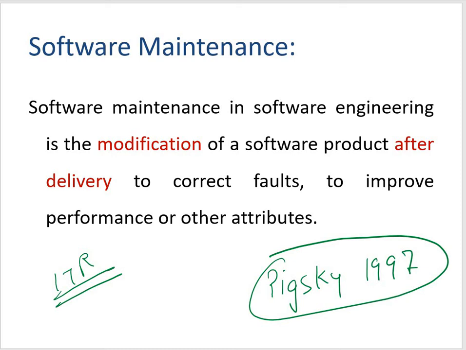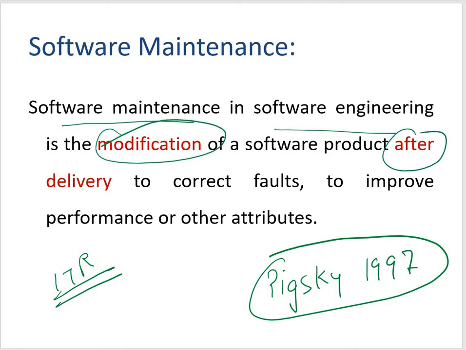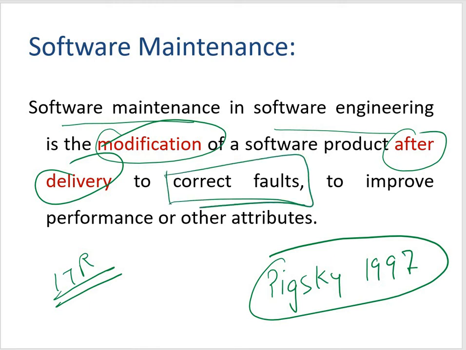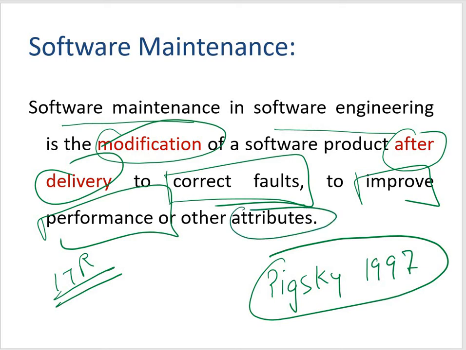So your software maintenance in software engineering is the modification of a software product post delivery, right? That means it has been delivered, it has been deployed, right? And the idea is to correct the faults, to improve the performance or some other attributes.